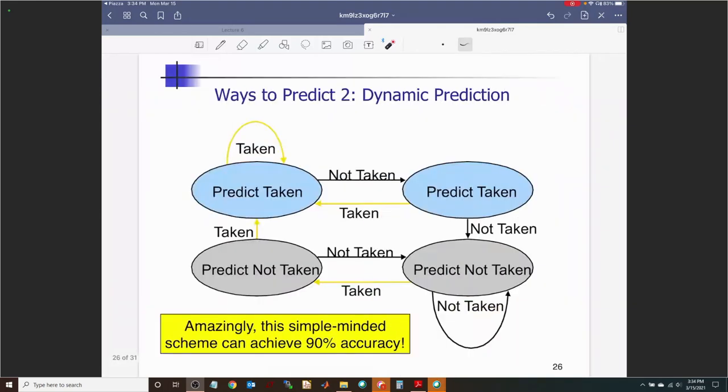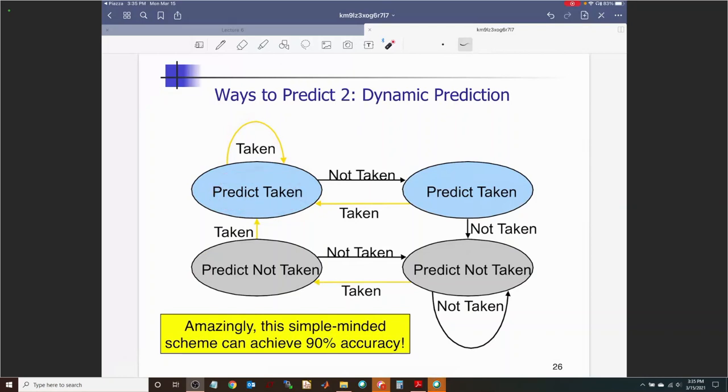All of this can be expressed using this state diagram. So all the way to the top left, you are in a state where you are predicting that the branch is going to be taken. If you are in this particular state and your new inputs are branch is taken, and branch is taken, and branch is taken, as long as you keep taking the branch, then you can stay in that state.